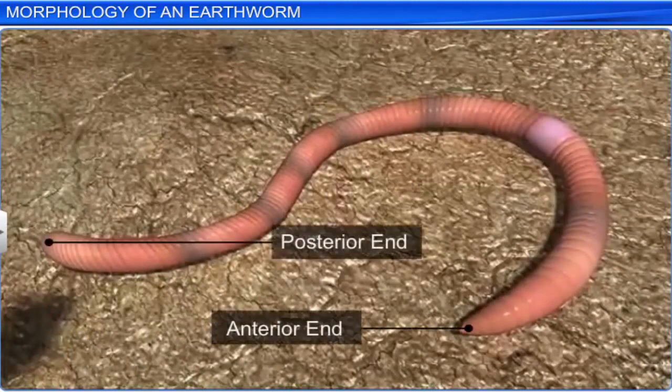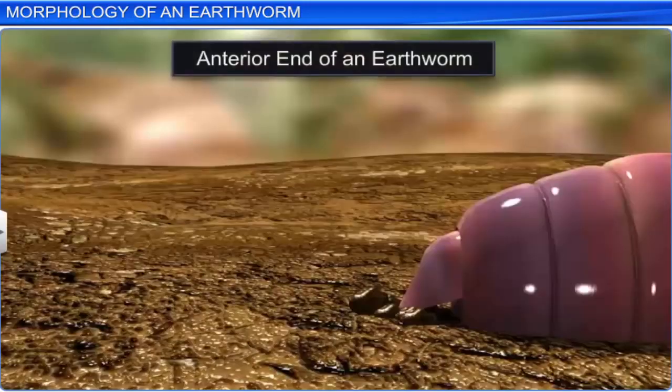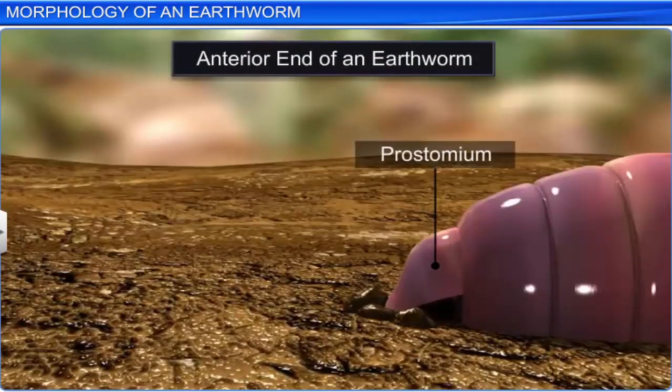Although the anterior and posterior ends of the earthworm look similar, the anterior end is distinguished by a wedge-shaped structure called the prostomium. The prostomium is a sensory organ and also helps to open cracks in the soil and facilitate the movement of the earthworm.